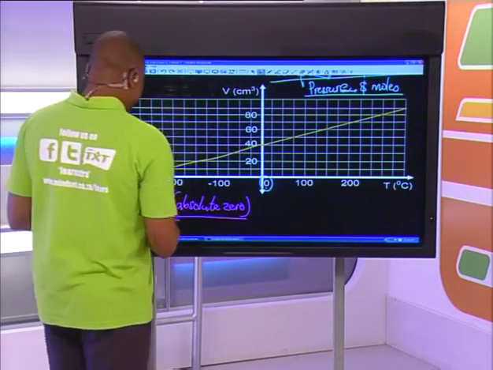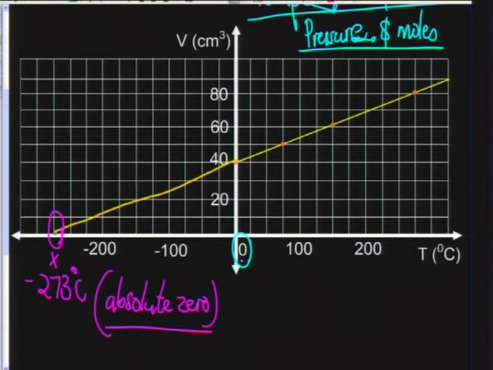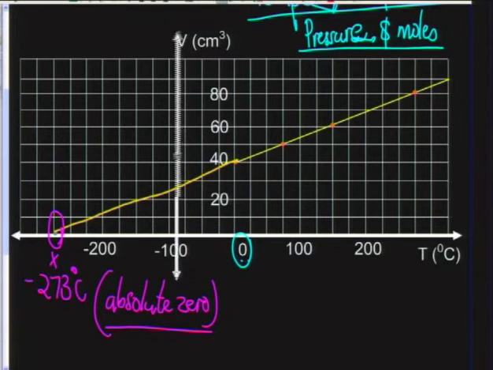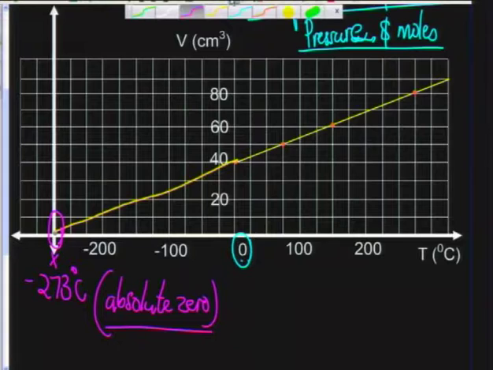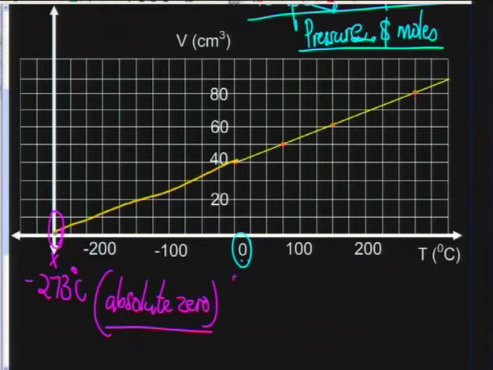Now, when he has come up with this, he realized that if he can move this axis to this point here, he comes up with a new temperature scale where the absolute zero is at minus 273 degrees Celsius. And he calls that the absolute zero. Now, if that is zero here, it means at 0 degrees Celsius, it is 273.